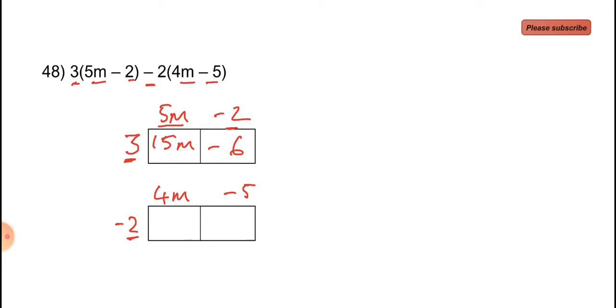So what's minus 2 times 4m? Well, minus 2 times 4 is minus 8, so it's minus 8m. And minus 2 times minus 5 is plus 10. So now, collecting the terms, we've got 15m minus 6, and then minus 8m plus 10.